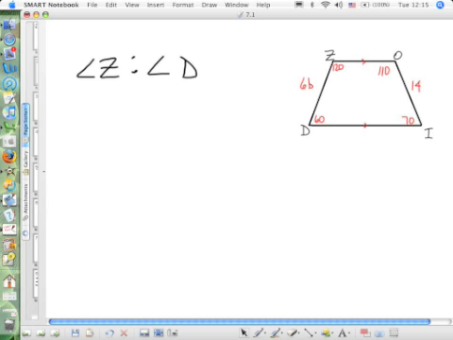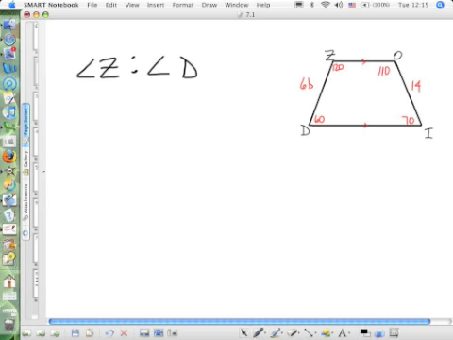All right. Now, using the measurements and the information we have there, we're going to look at different ratios and state them in lowest terms. If I asked you to find the ratio of angle Z to angle D, the first thing you must do is identify the measure of angle Z and angle D, and then simplify.